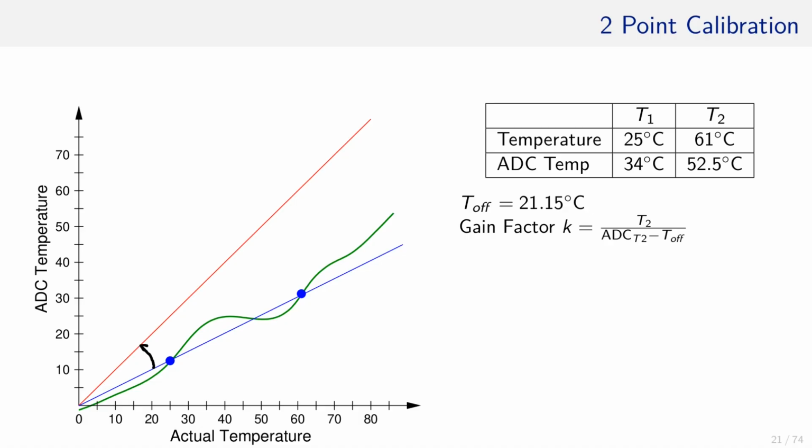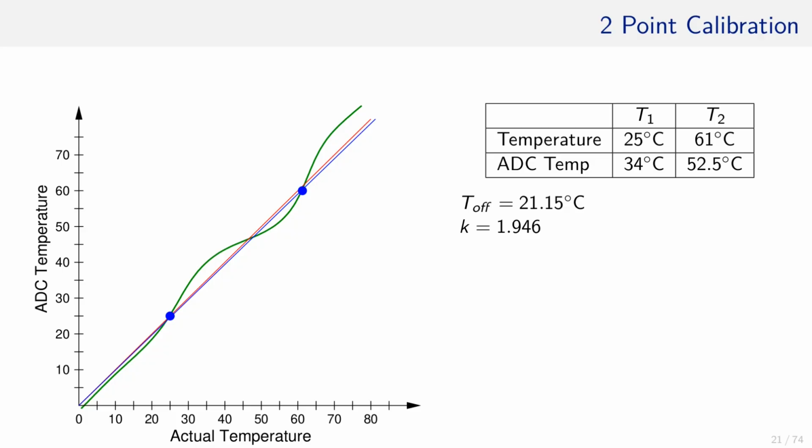This is called the gain factor, K, with the actual temperature divided by the measured temperature minus T-off. Again, plugging in the values into the formula gives us a gain factor of 1.946, and we increase the steepness of the blue line by that amount.